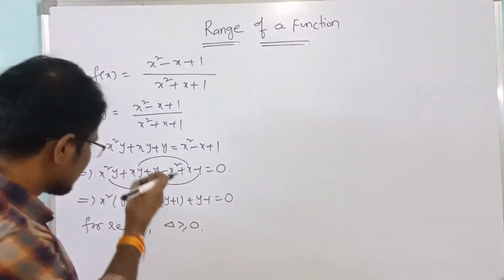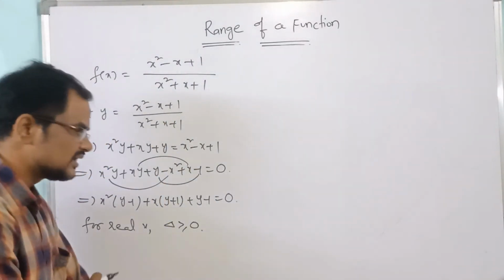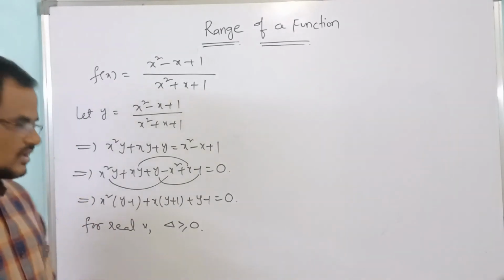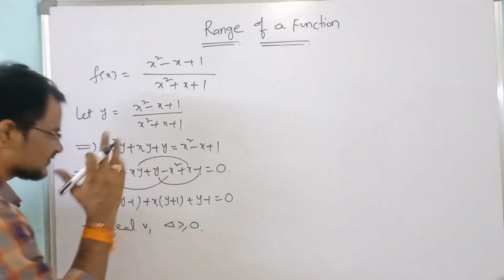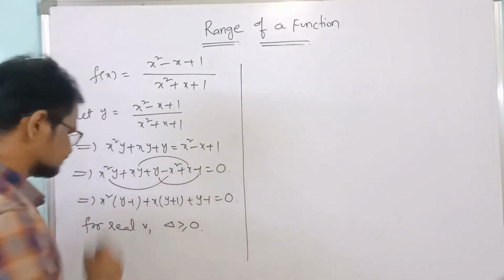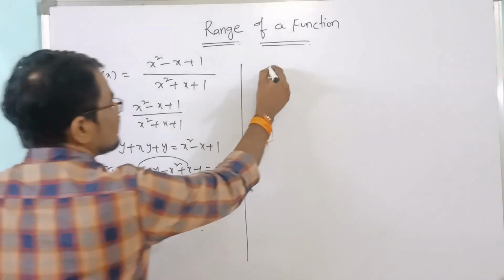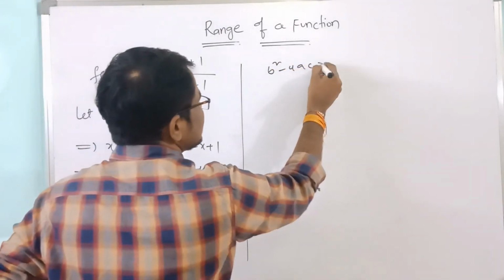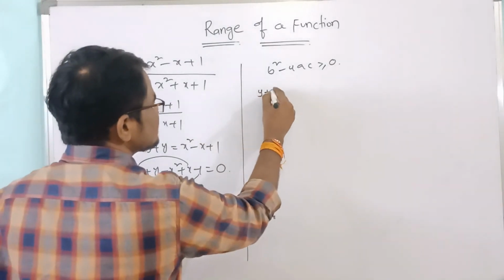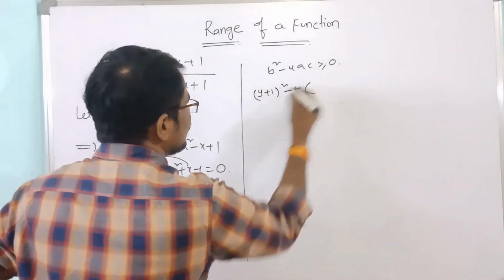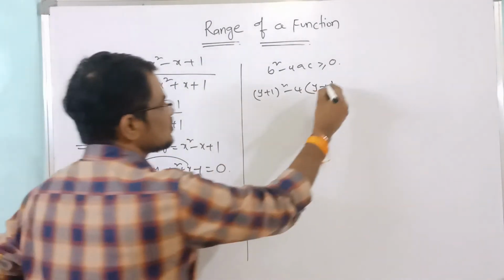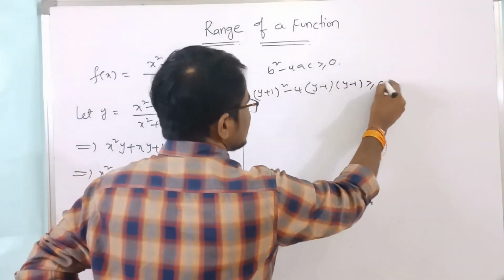So if x belongs to the real numbers, then we have to find the existence of y values. So for that, for real x, the discriminant is definitely greater than or equal to 0. Now b square minus 4ac greater than or equal to 0. So b is this one, y plus 1 whole square, minus 4, a is y minus 1 and c is also y minus 1, greater than or equal to 0.